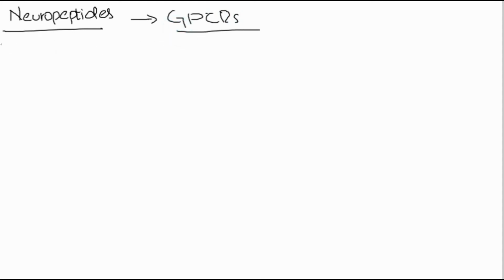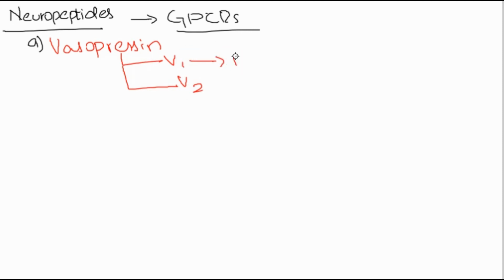The examples of the neuropeptides, for example, the first example is vasopressin. Vasopressin receptors are of two types, V1 and V2. V1 are present on blood vessels, while V2 are present on collecting tubules.